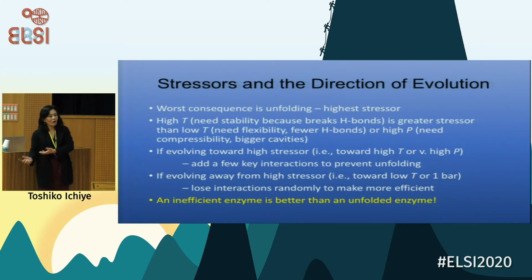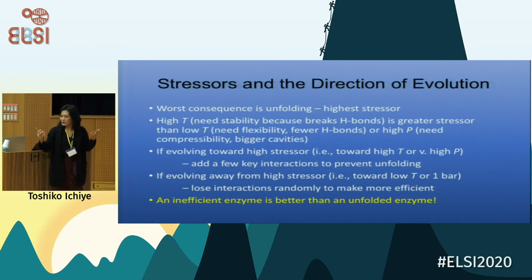However, if you're evolving away from the stressor, like towards low temperatures or low pressures, what tends to happen is you just lose interactions randomly. Because as you go away from the high stress, you just make an inefficient enzyme.